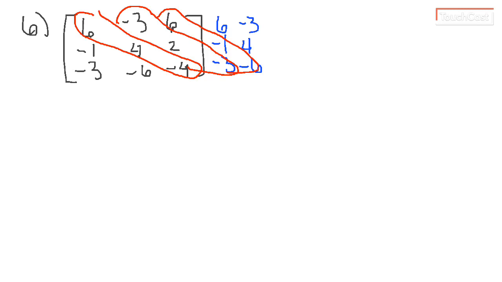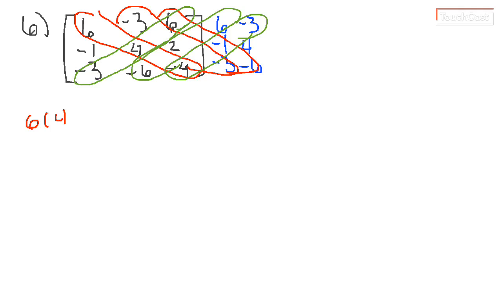And then we can go from the right and make our upward diagonals. So first we find the sum of the products of our downward diagonals. We go 6 times 4 times -4, which gives us -96.